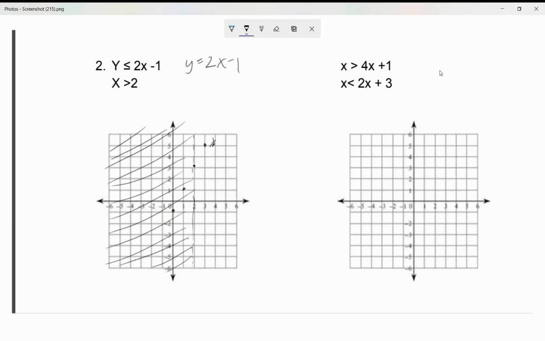It's not this one. Okay, it's like that, right? And since it's a less than or equal to sign, it's not dotted, so the line would be like this, basically. And this equation opens up to the right, so we shade to the right.